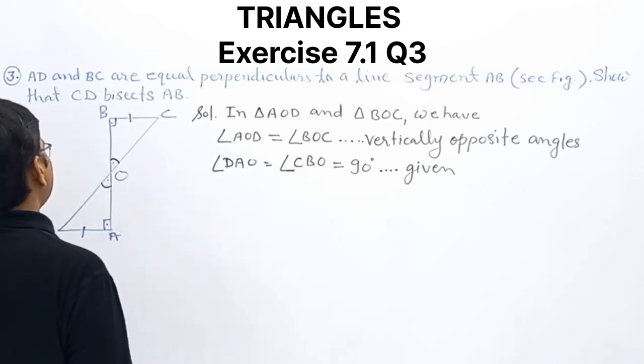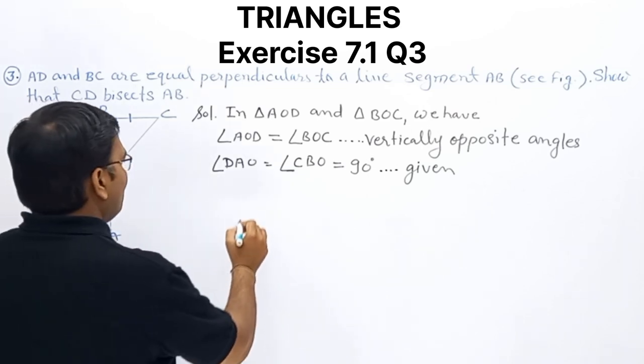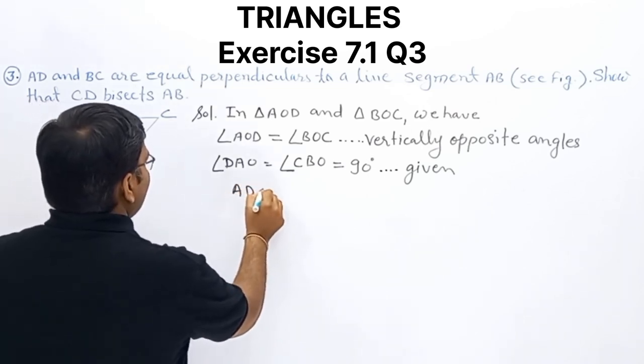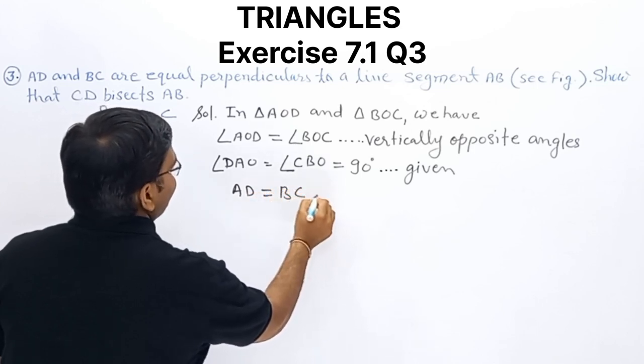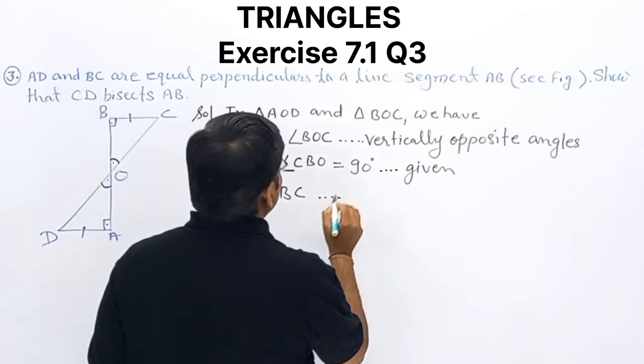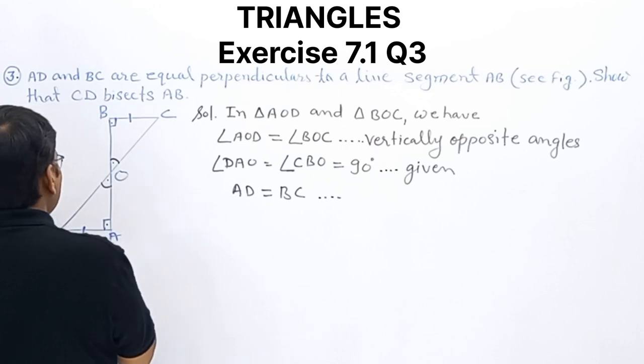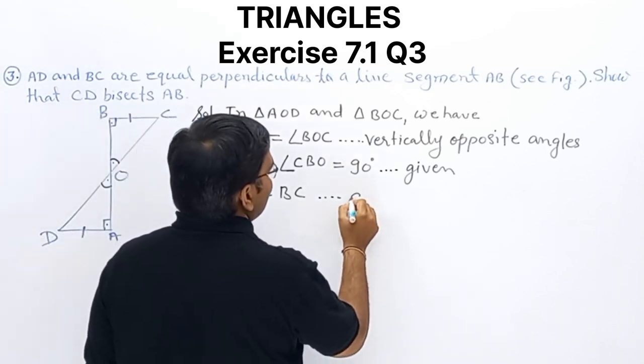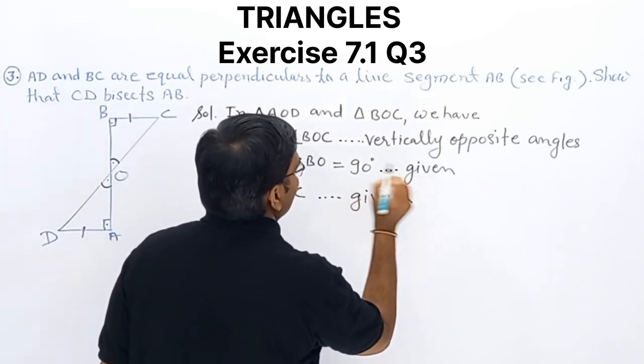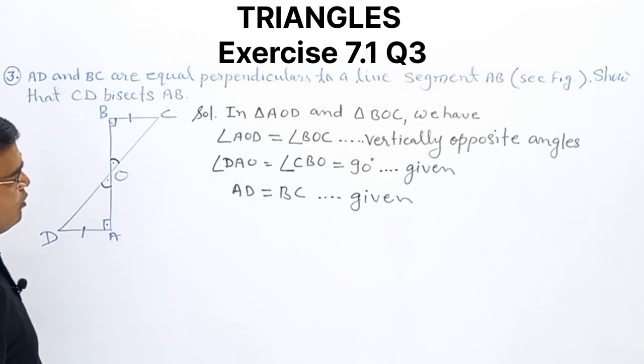And AD equals BC. Both sides are equal. It is also given in the question. So we obtain three things for these triangles.